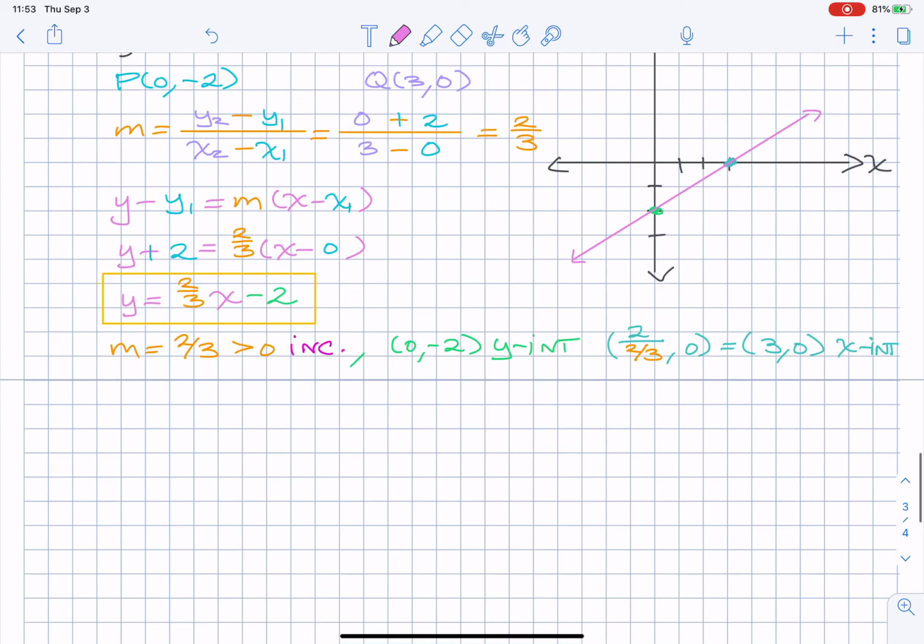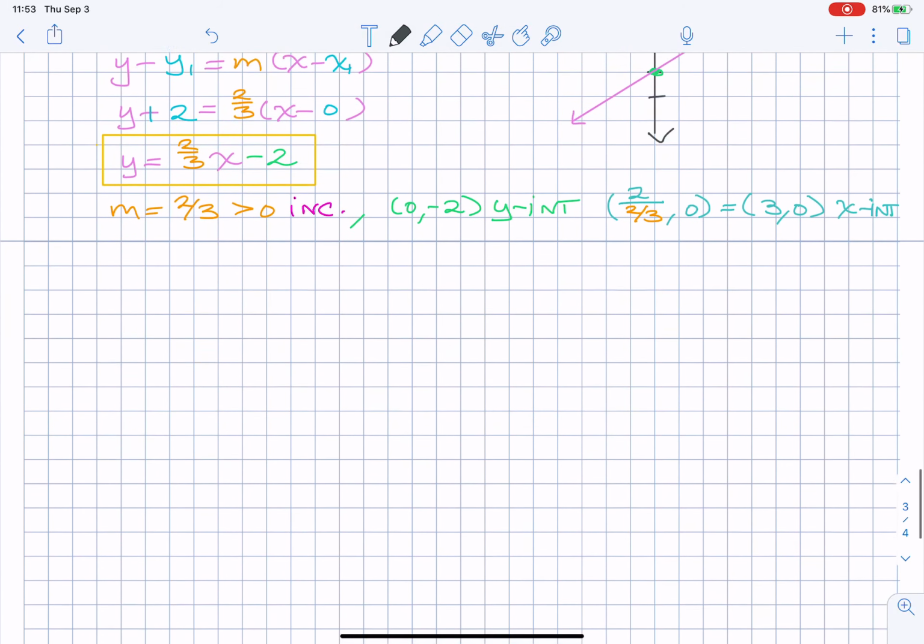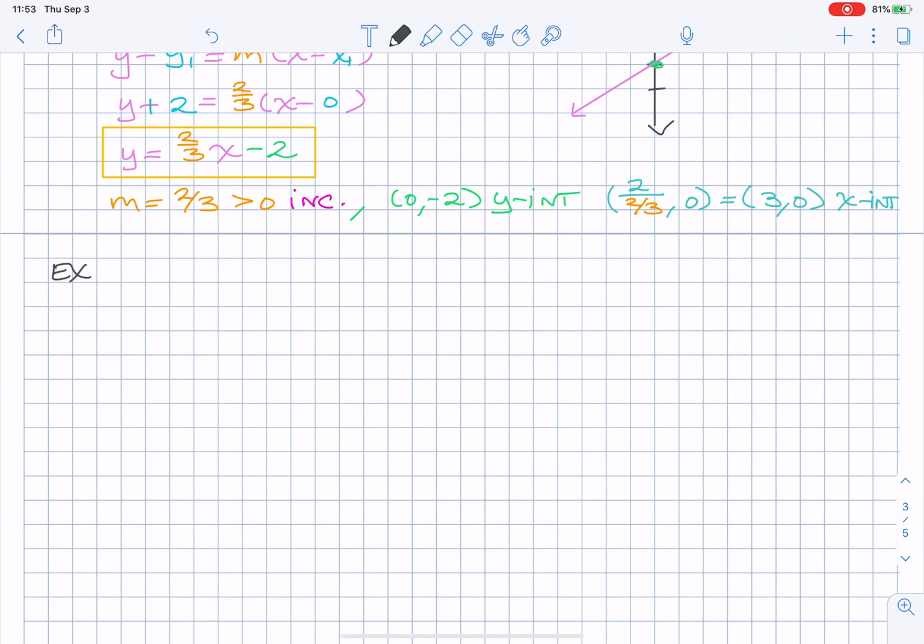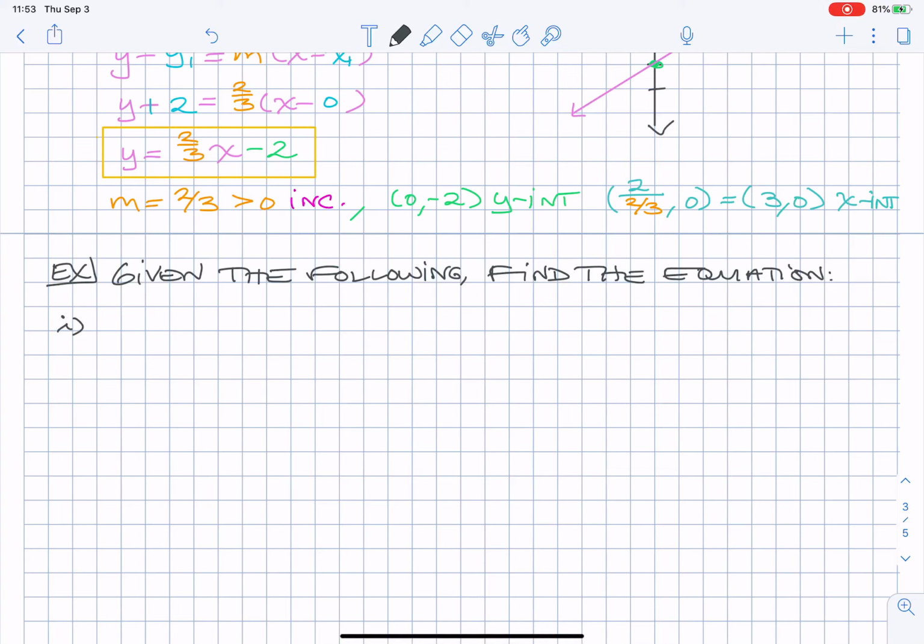Okay, so let's do one more example before we stop this section. So example. Given the following graphs, find the equation. Okay, so number 1. Let's do x and y coordinate axes.